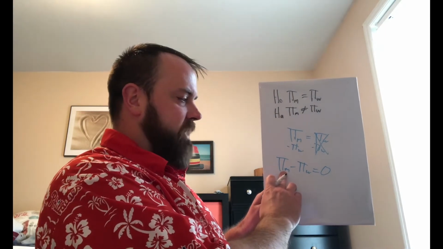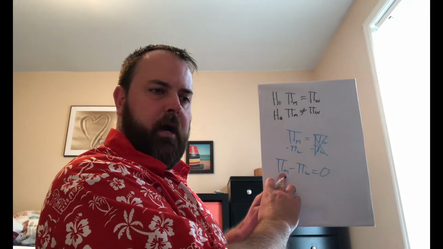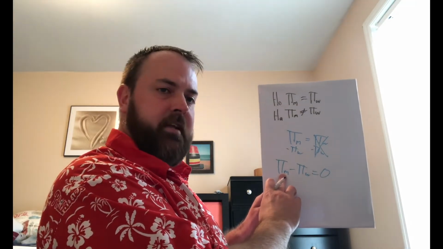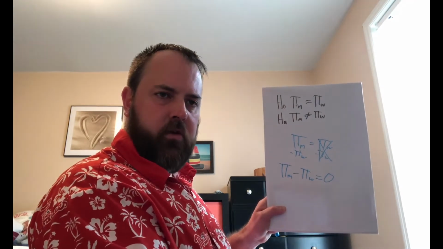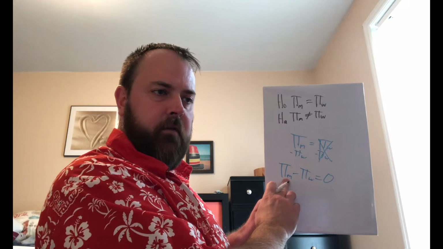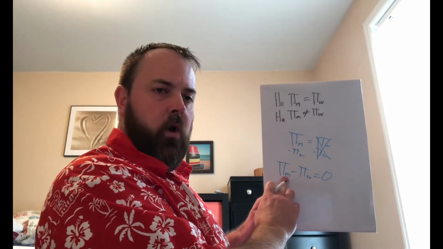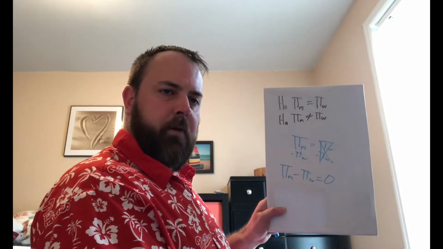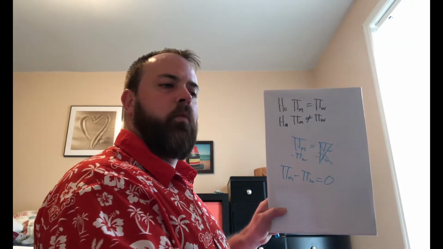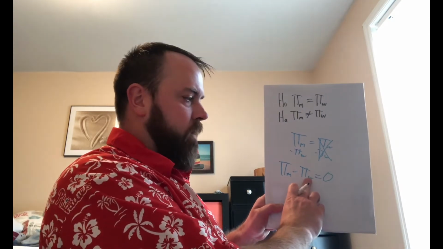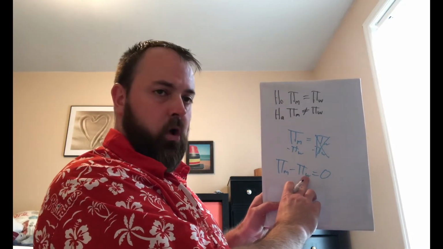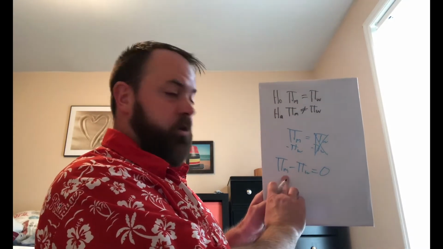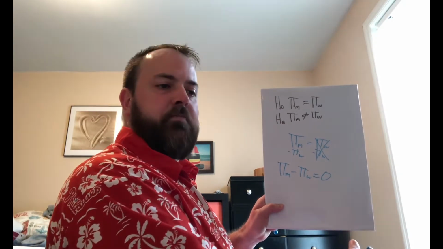Well, if we're going to say the men proportion is higher, and the difference is that men is greater than women, that means my interval is going to have to contain all positive values, because no matter what the difference is, men is always going to be higher, so it's always going to be a positive value. If we're going to say that the women have a higher proportion, meaning pi of W is always greater, then in this subtraction problem, it will always be a negative value.